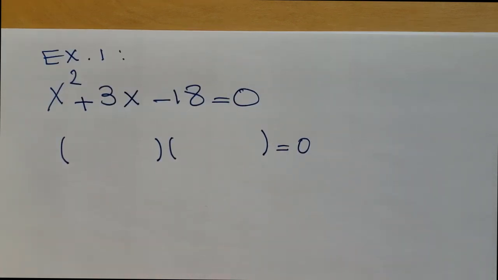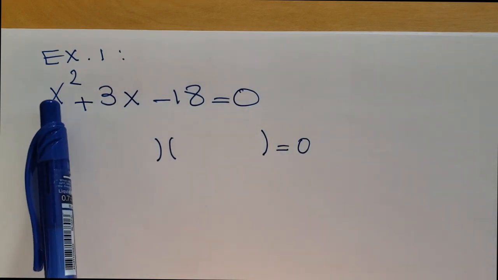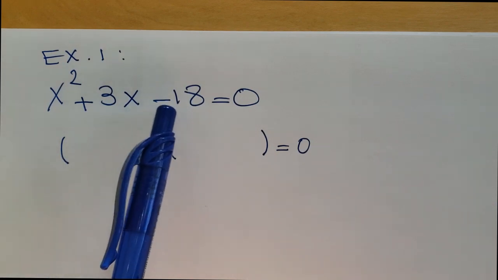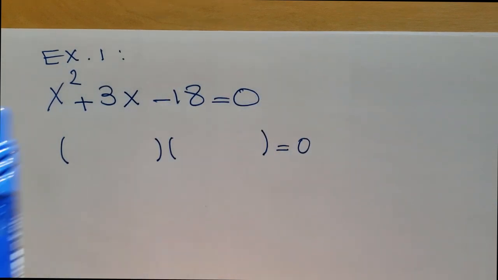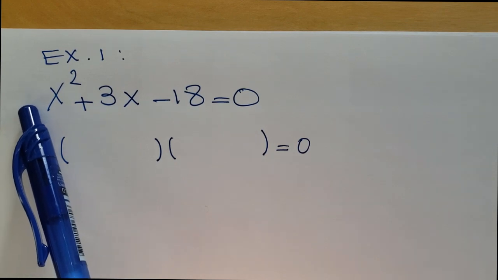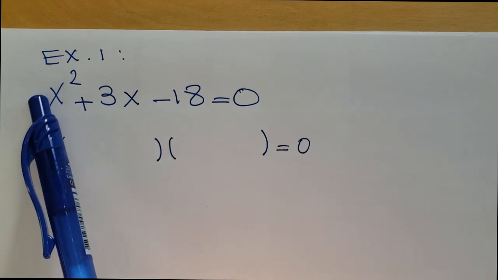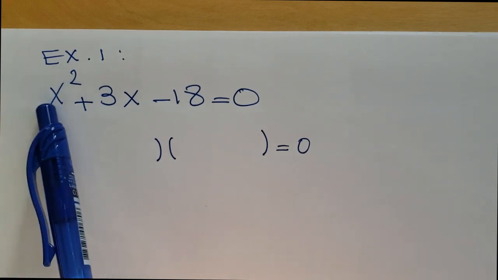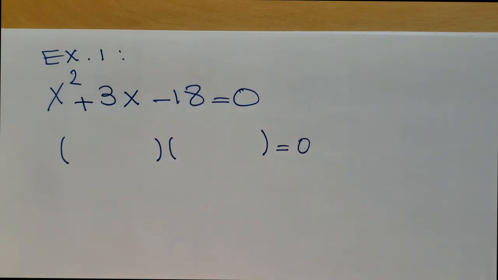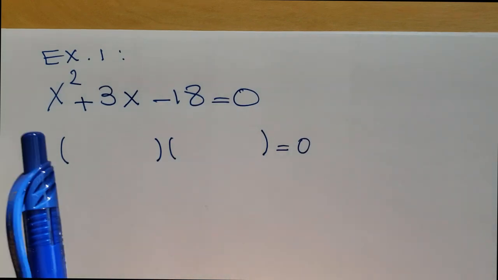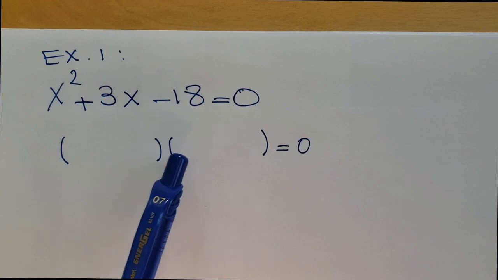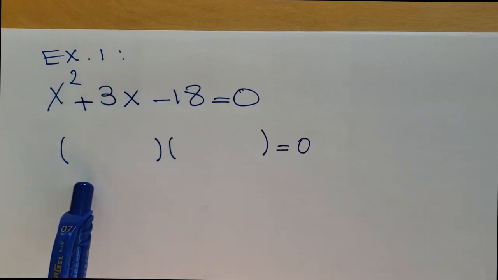Okay, let's start with example 1. We have this expression. It has three terms, x to the power 2 plus 3 times x minus 18 equal to 0. Please pay attention that the coefficient of x to the power 2 is 1. It's a trinomial, and as you can remember, we could break it into products of two binomials. But how?